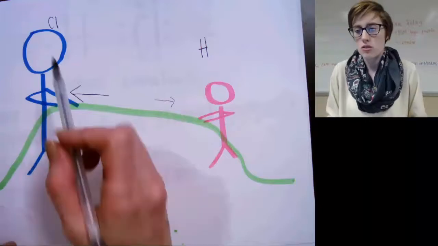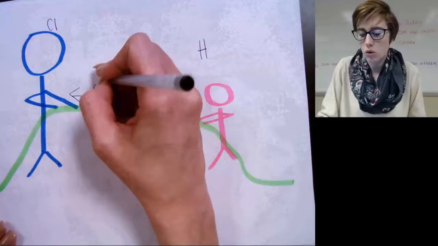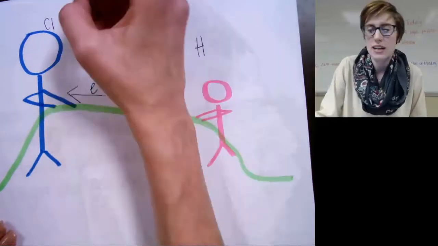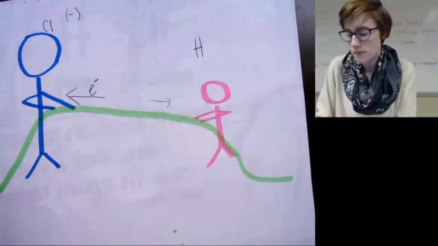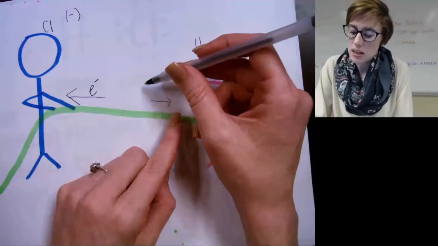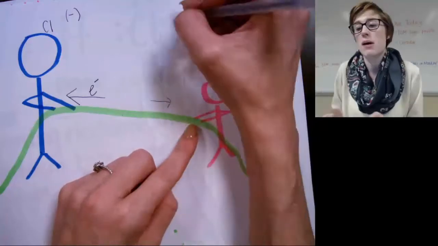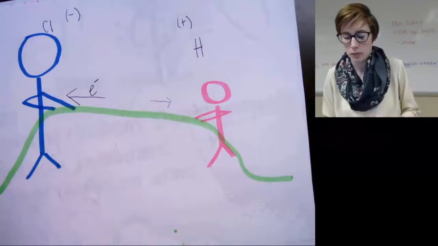Chlorine does. So since chlorine has a negative electron a little bit more, we say that it's a little bit negatively charged because it can pull on the electron a little bit closer. And hydrogen, since it can't pull quite as tightly on the electron, sometimes looks like it has a positive charge because it's losing that electron a little bit.